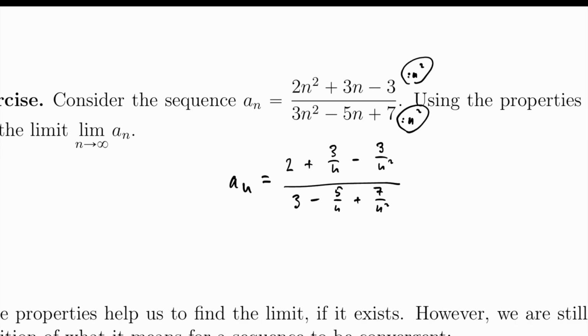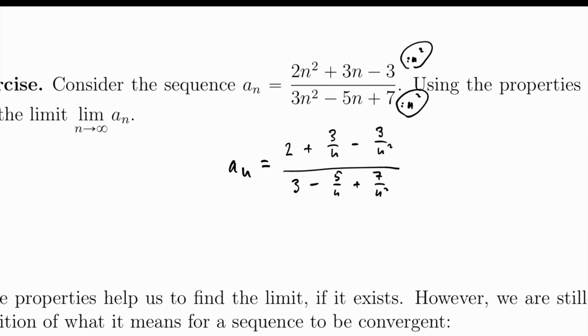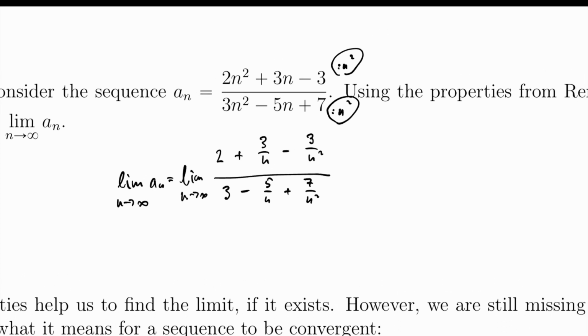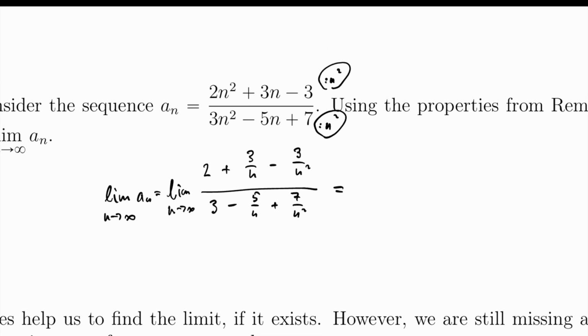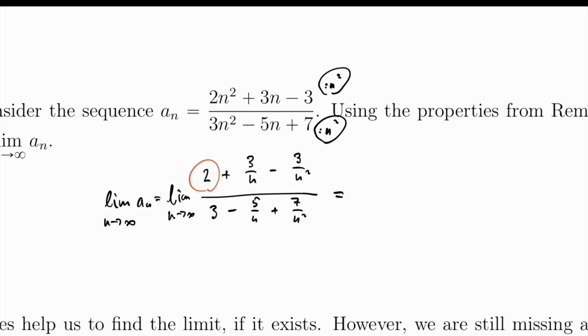All right, now the cool thing about that is if I now pull this apart a little bit and then take the limit of n towards infinity of an, so that would be the limit of n towards infinity of this whole thing. And now what you see here, now we have actually the case where individual parts approach a fixed number. Namely, this is just 2, so there's no n in it, so it just stays 2.